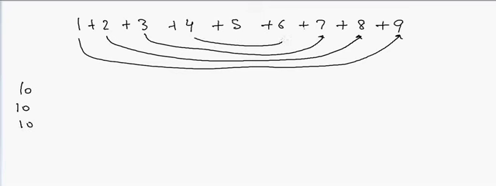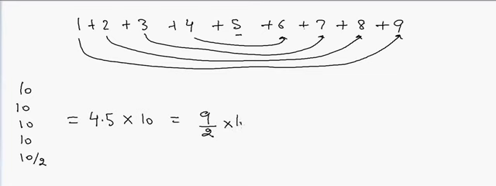Then 4 and 6, one more 10, and then we are left with a 5, which is half of a 10, so 10 divided by 2. So in total we have 4.5 into 10, so we have 4 tens and half of a 10. That's 4.5 into 10.